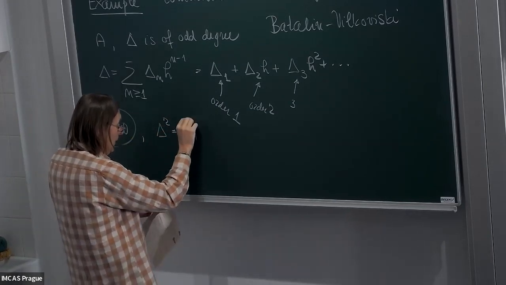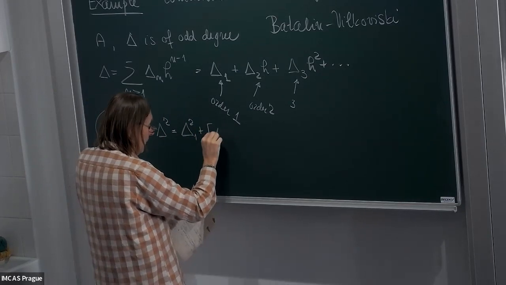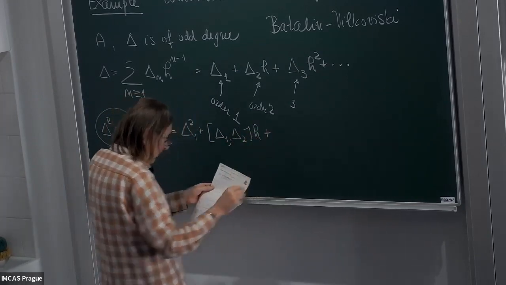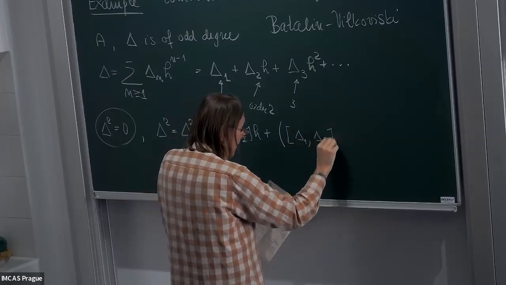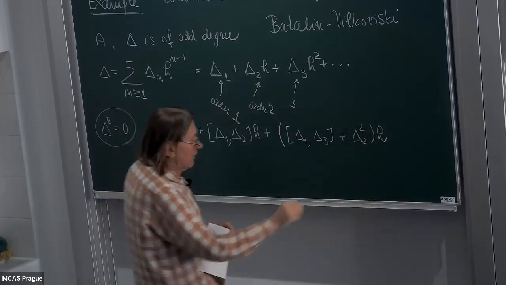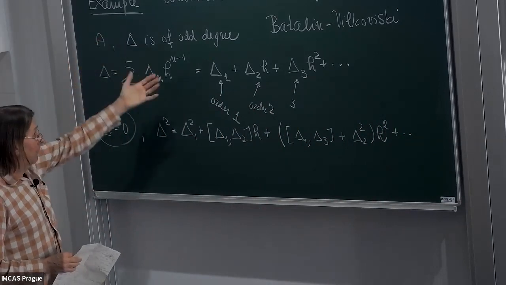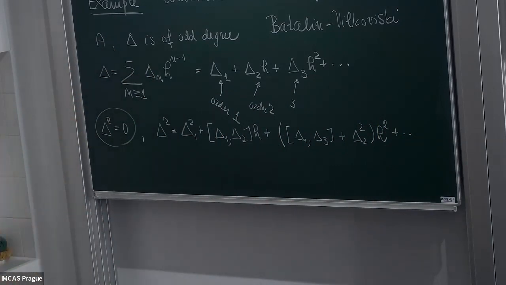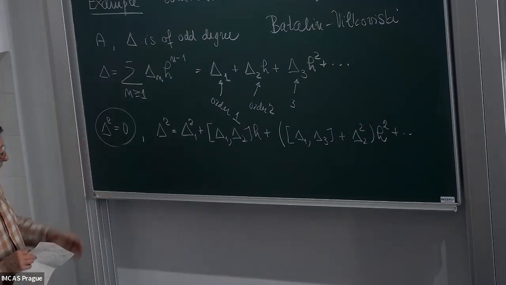There is delta 1 squared, plus the commutator of delta 1, delta 2, h, plus one more term, delta 1, delta 3, plus delta 2 squared, h squared, and so on. So once again, I have delta of this form. I assume that delta squares to 0, which is the axiom of commutative BV infinity algebras. And I expand the axiom, I will get this condition or this equation. This must vanish.